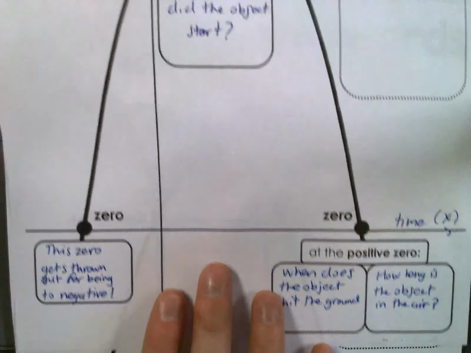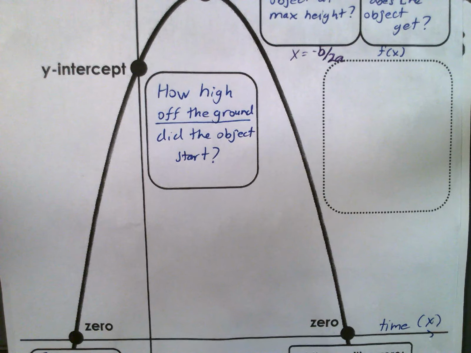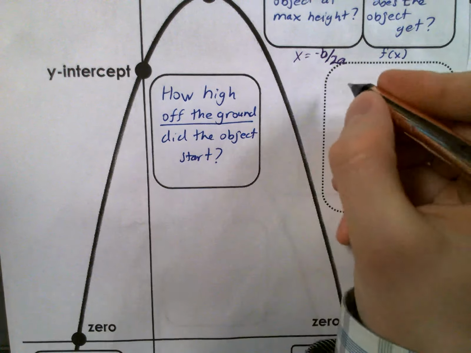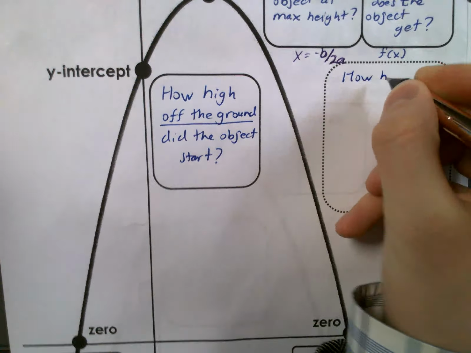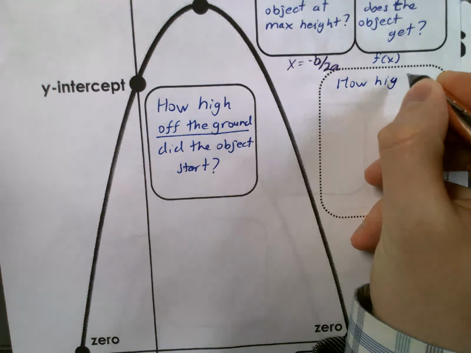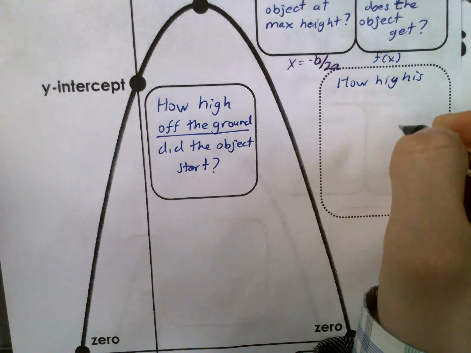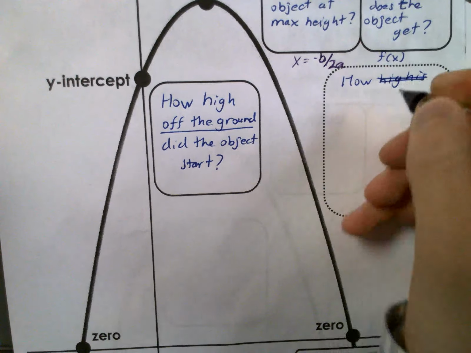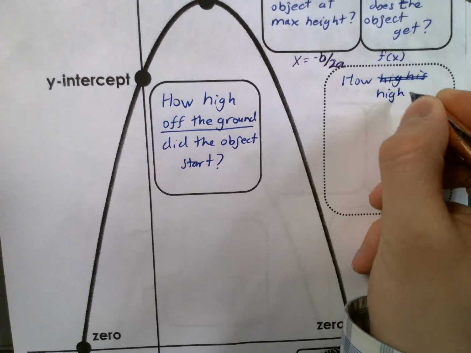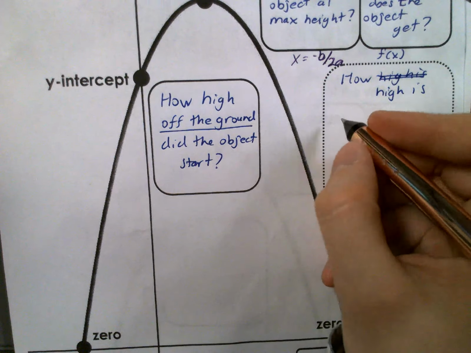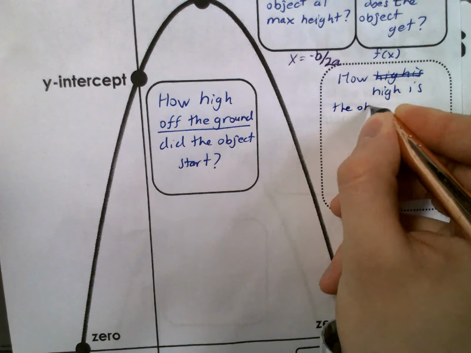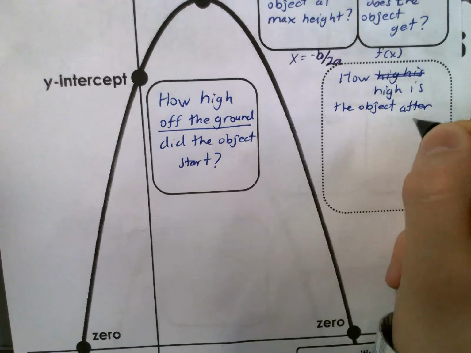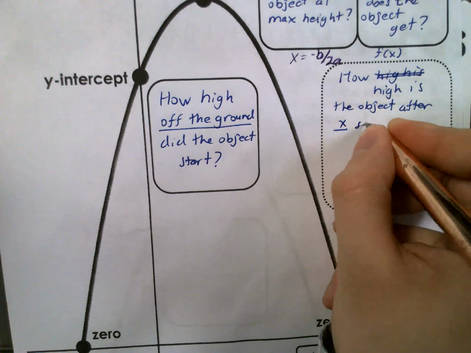Now, finally, we're going to talk about the last box up here. So, the main thing about all this is, one question you're going to be asked is how high is the object after x seconds.